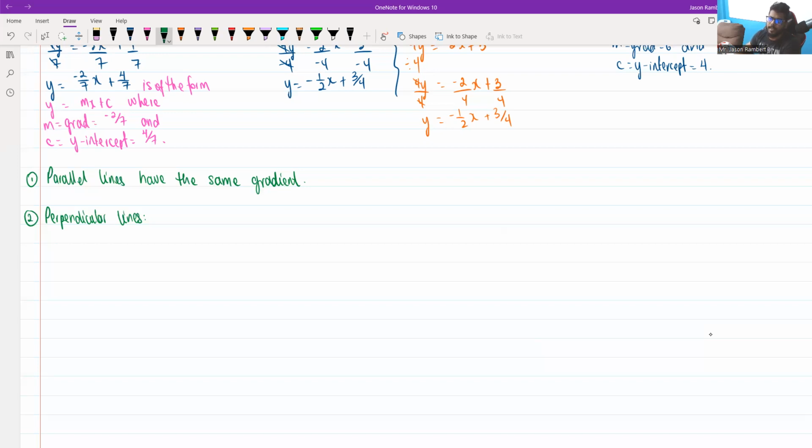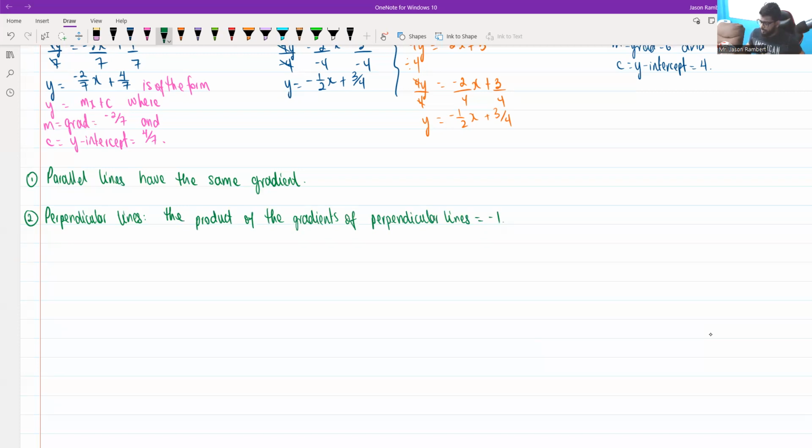So for perpendicular lines, the product of the gradients of perpendicular lines will be -1.